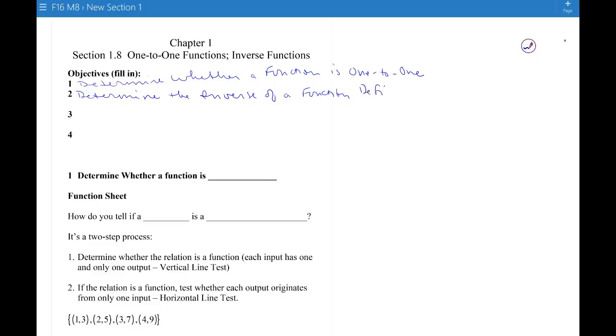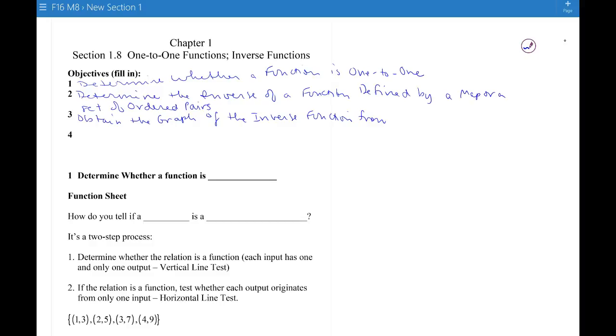Defined by a map or a set of ordered pairs. So this should all be review from algebra. Number 3 is to obtain the graph of the inverse function from the graph of a function.